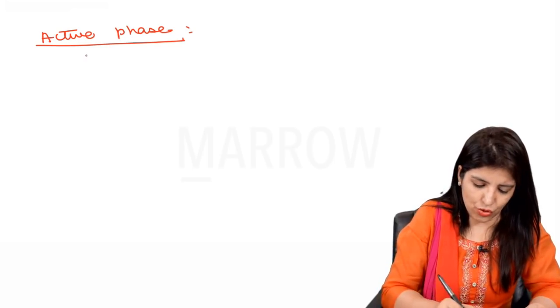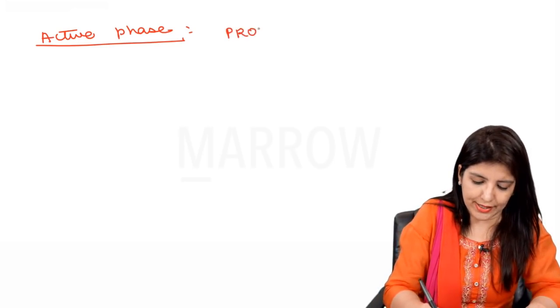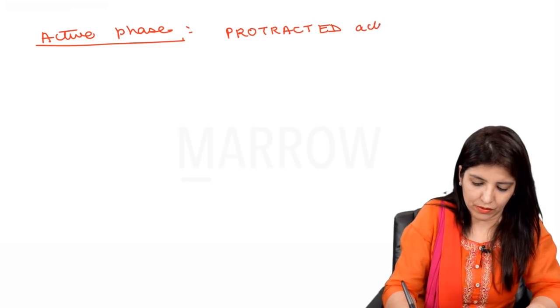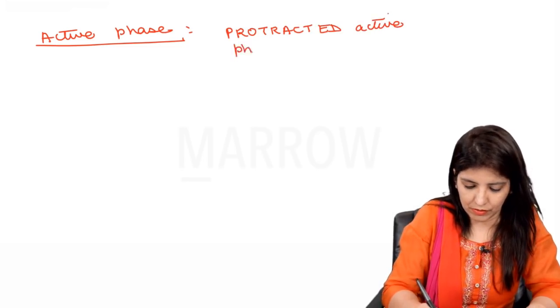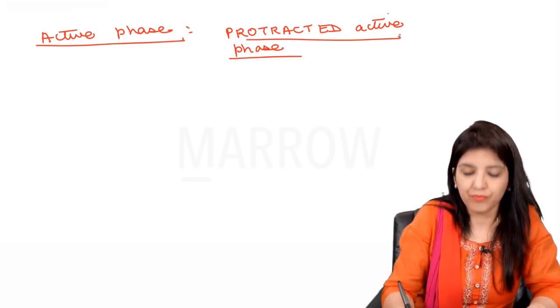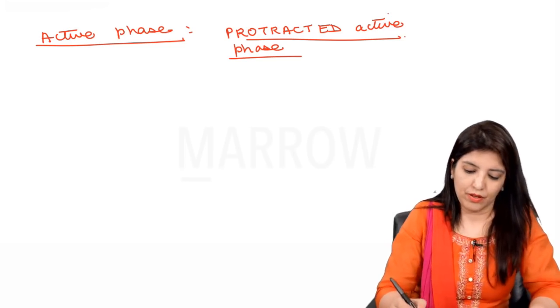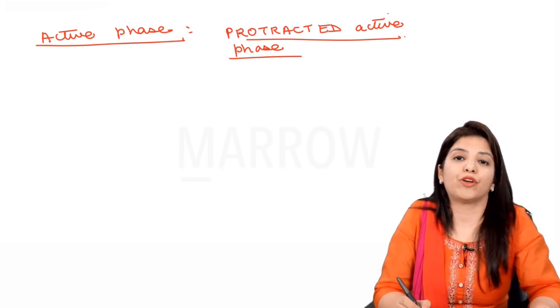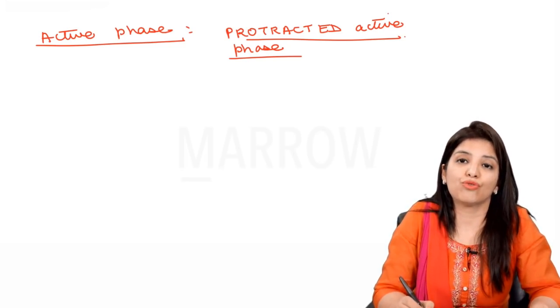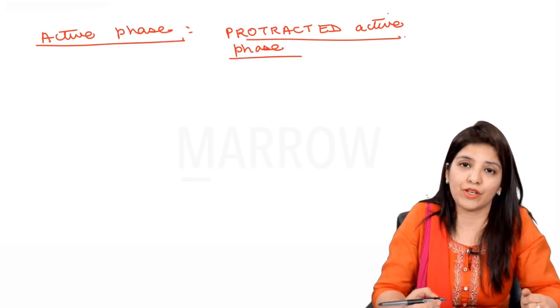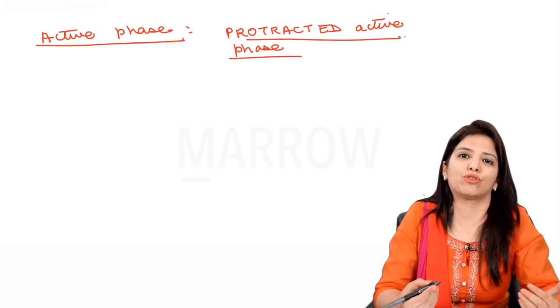So that is called a protracted active phase. Now, when I say the active phase is going slow, then you should know what is the normal duration of active phase. Then only you will come to know whether it is going slow or not.